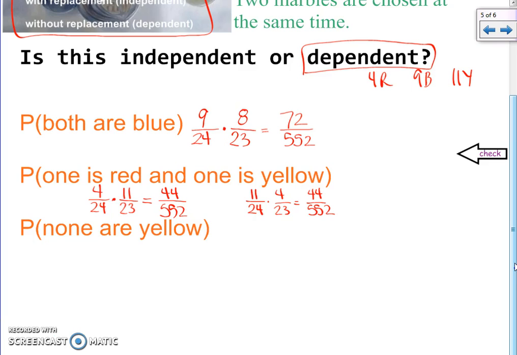Okay, what do you think we're going to do with these two probabilities that we just found? I'm not going to multiply them. We're going to add them together because both situations could happen. Okay, so we're going to get a grand total of 88 over 552.